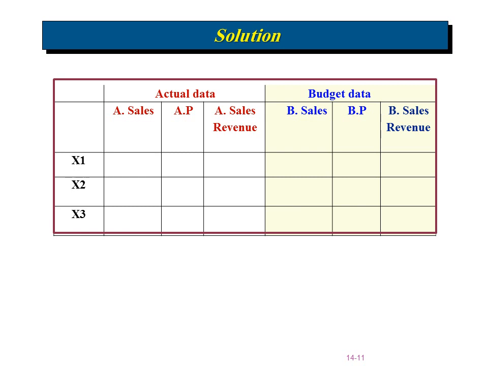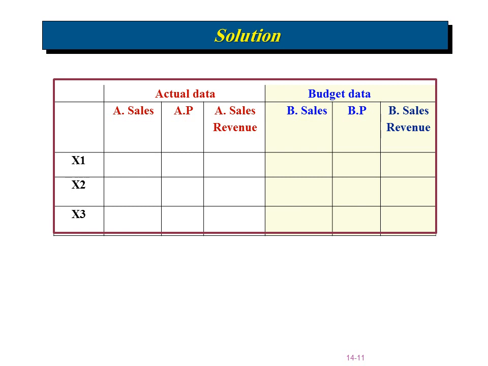Here, when I speak about sales, for actual I need actual sales, actual price, and actual sales revenue. If you remember, for direct material it was actual quantity, actual price, actual cost. Here I don't speak about cost, I speak about sales.